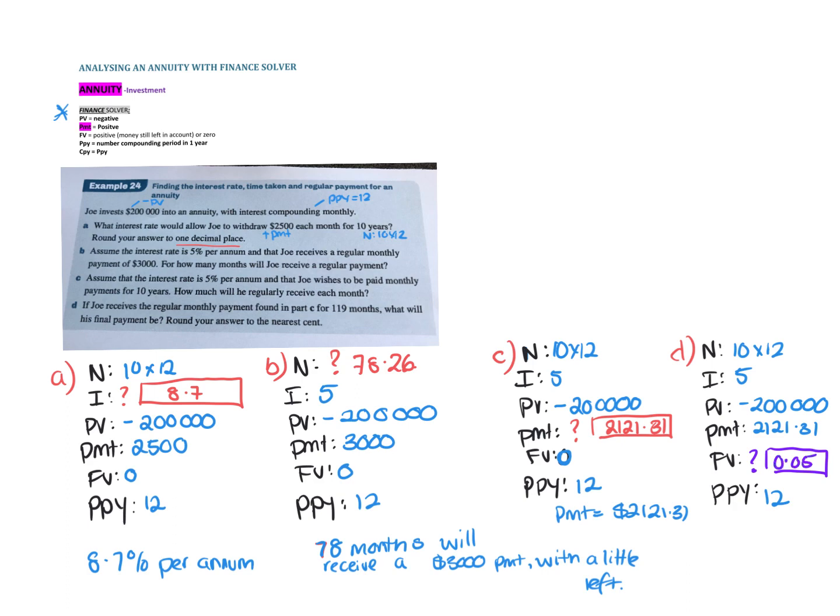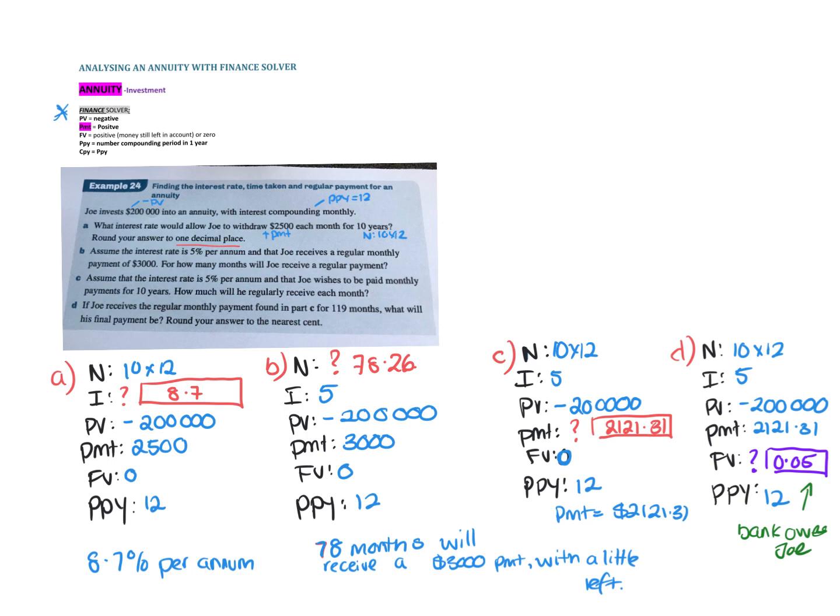Now that's a positive. So the bank owes Joe. Remember, this is an annuity. He's receiving his own money, the bank giving it to him.